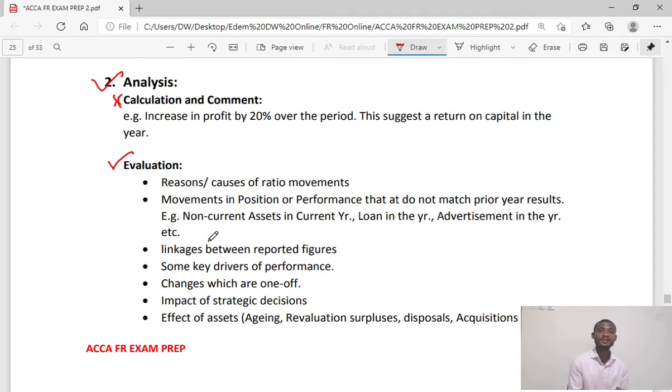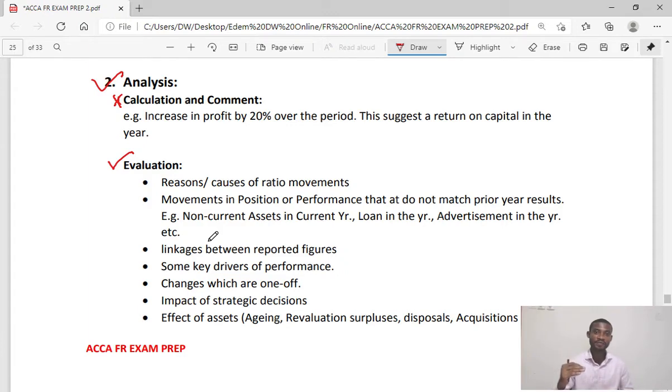What is the link between operating margin and operating and gross profit margin? Or what is the link between the return on capital employed, which is the ratio we are looking at, and the total asset? Maybe there has been an increase in total asset in the period, and that would push down the return on capital employed. So increase in total asset, decrease in what?